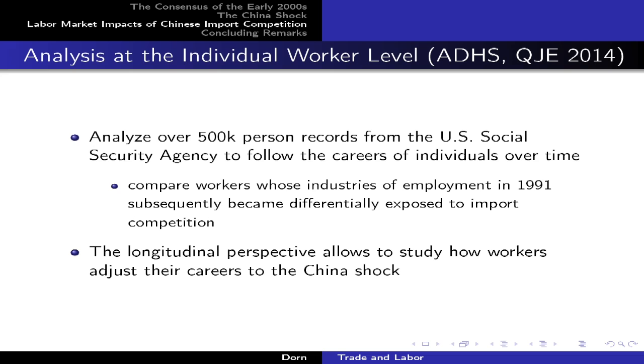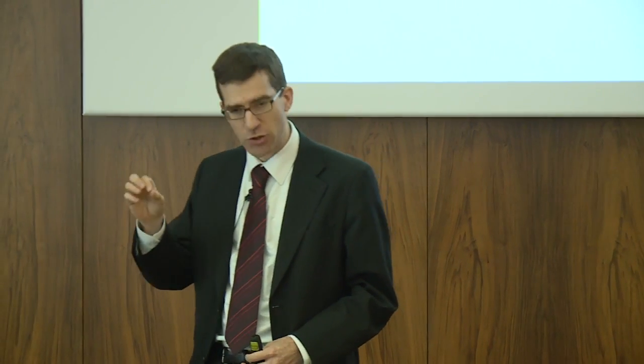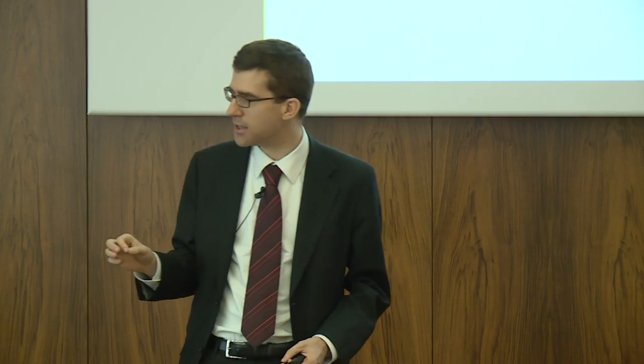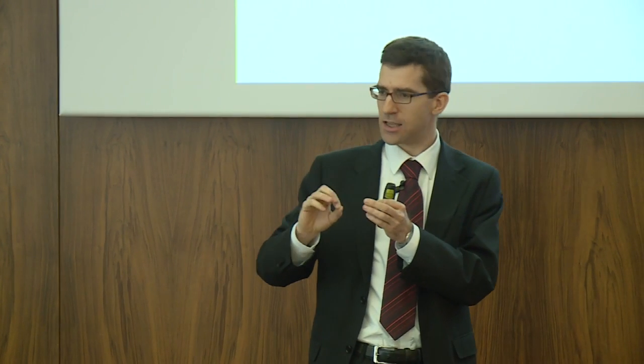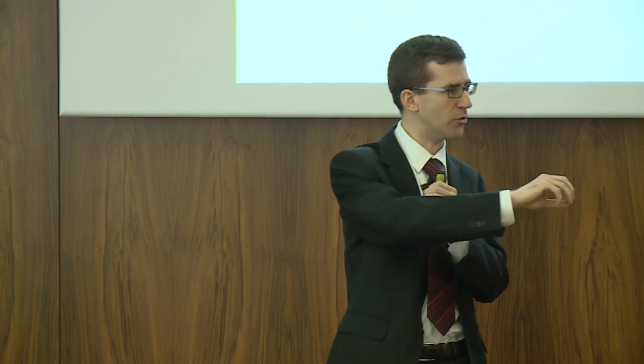In a further development of that research, we then also asked what happens really to individual people who see their individual career being disrupted by trade competition. For that purpose, we analyzed about 500,000 individual person records from the US Social Security Agency. These are records where one sees the income and the employment situation of a worker in every year of their career.